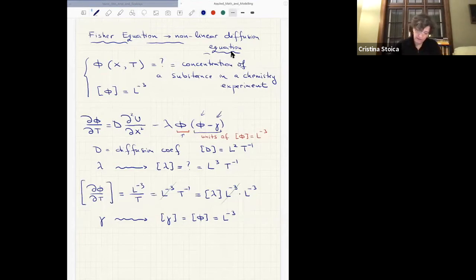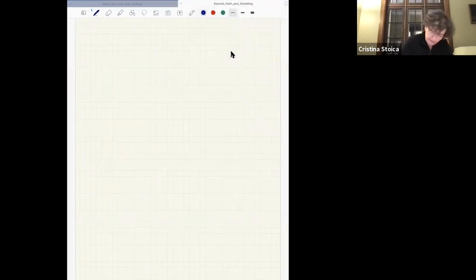So we have the units established, and we had this discussion. So there's the PDE. Now the PDE comes together with boundary conditions. I'm going to flip the page and rewrite the PDE.